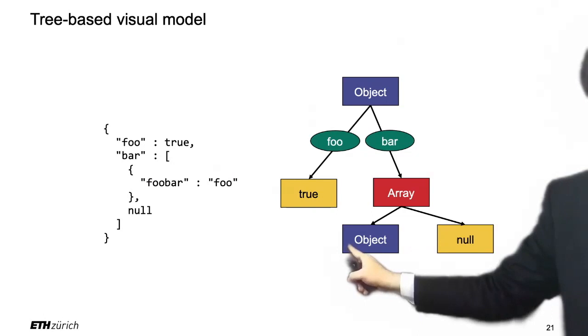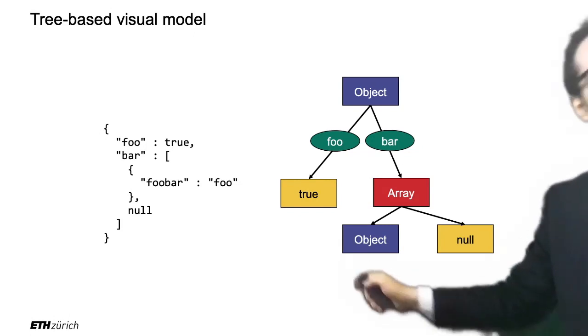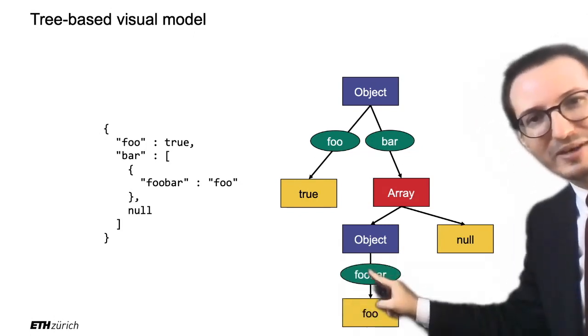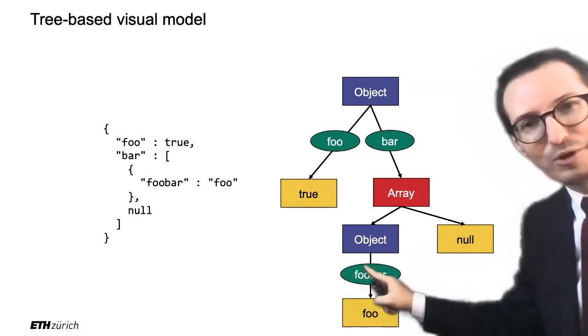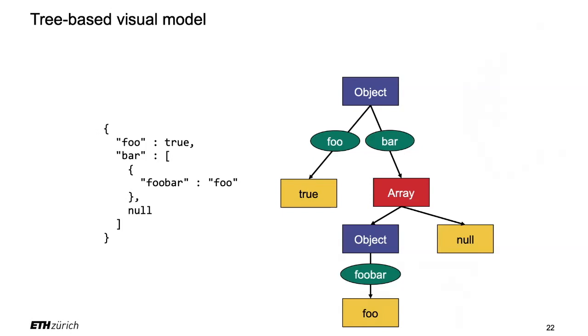You see, every time it's an object, I need to add children. Yes, go ahead. Exactly, yeah. So you have foo as a string right here, and you see that's the key. So it's a label on the edge that is called foo bar. All right. This here is the tree that I drew from that JSON object.